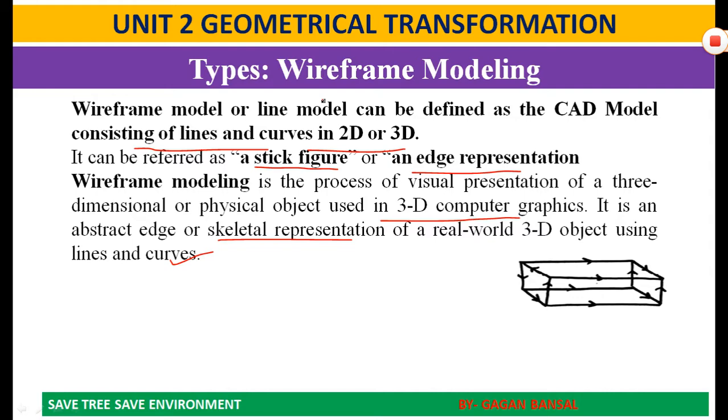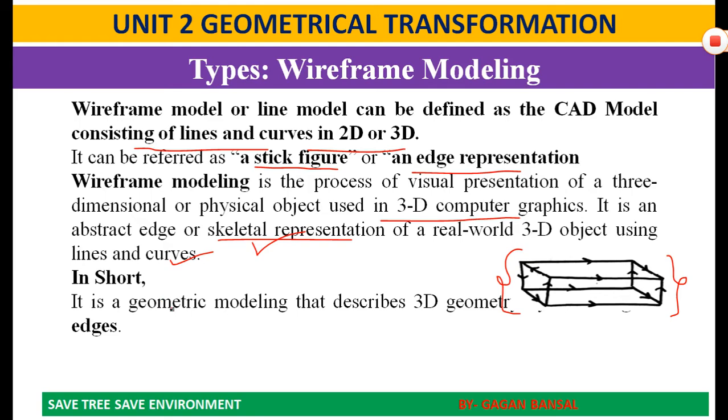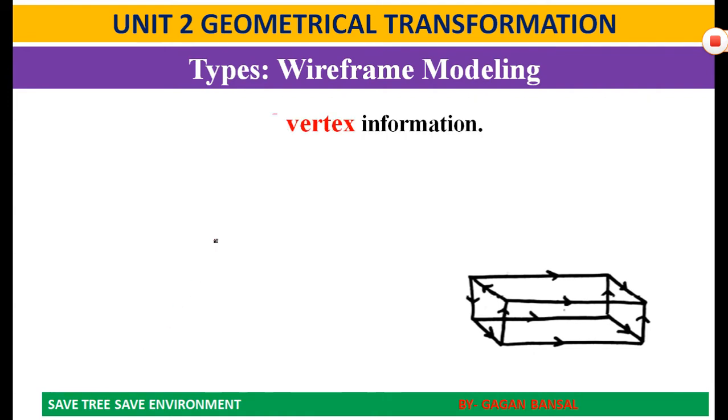So wireframe model or a line model or a stick figure model or an edge representation model, or we can say a skeleton representation model, this is one and the same thing that shows the line model of any 2D or 3D object, as you can see in this particular figure also. So in short, it is a geometric modeling that describes 3D geometry edges.